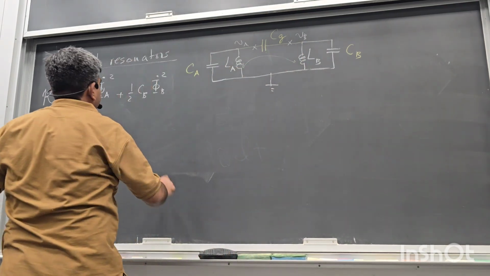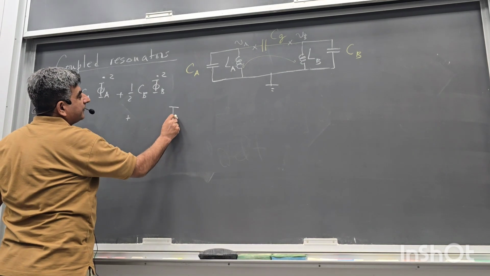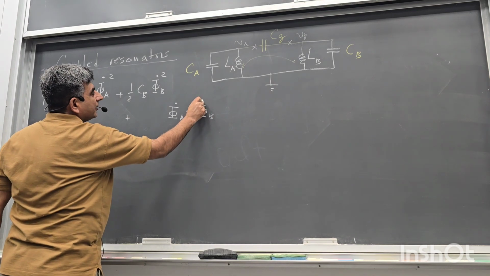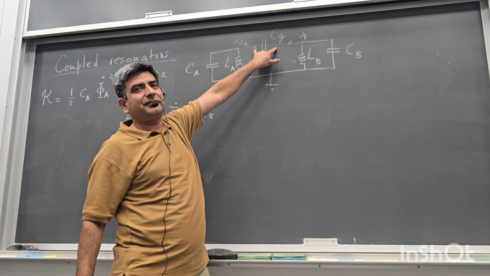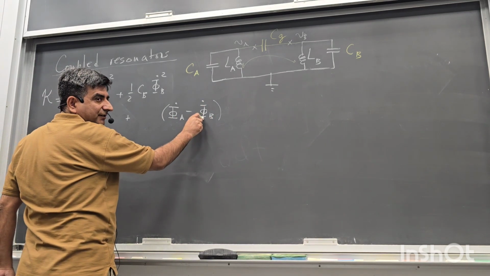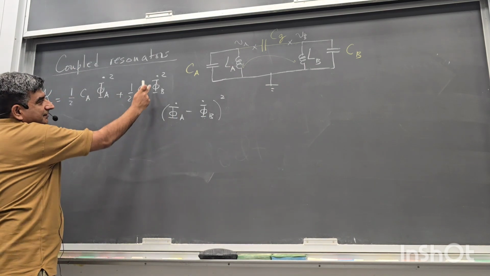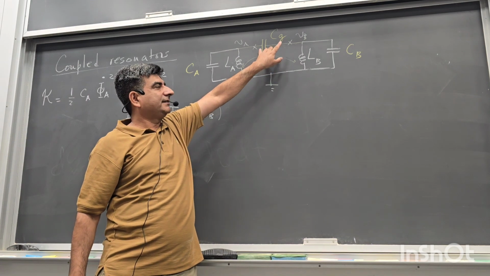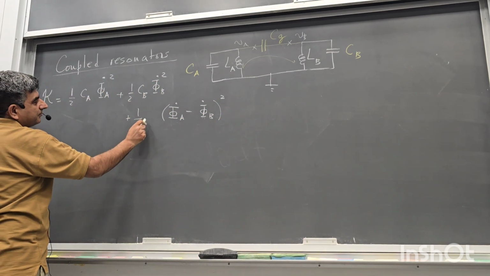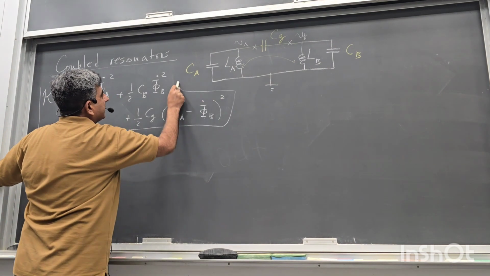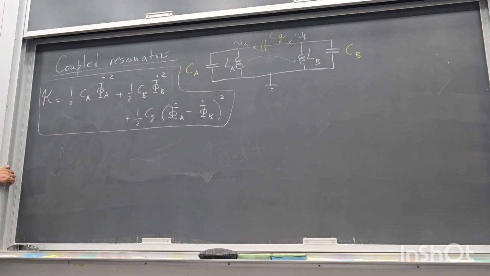So the difference in voltages will be phi A dot minus phi B dot. This is the voltage across this capacitor. You write this in terms of time derivatives of flux, and then you square, just as we've done over here. So this is the flux at this node, and this is the flux at this node, difference of voltages, and I need to put in the capacitance of the coupling capacitor. This is my kinetic energy term, expressed in terms of the time derivatives of the fluxes.